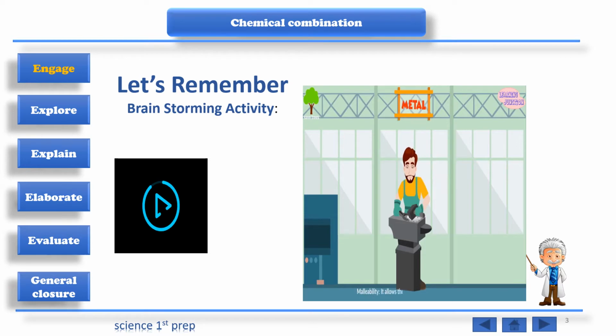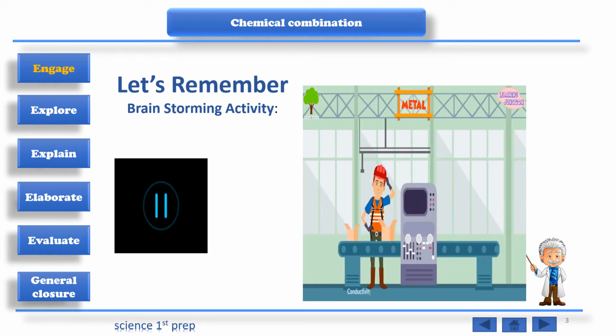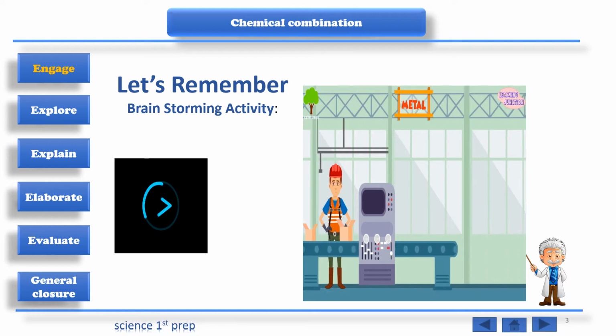Malleability. It allows the metals to be beaten into thin sheets. Due to the presence of this property, the shape of aluminium wire and iron nail can be changed on beating. Conductivity. It allows the heat and current to pass through the metals easily. Metals like iron and copper wire are good conductors of electricity.